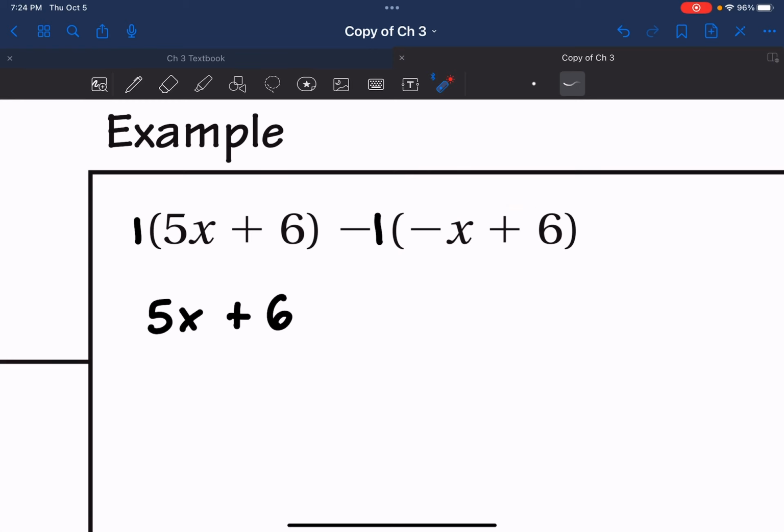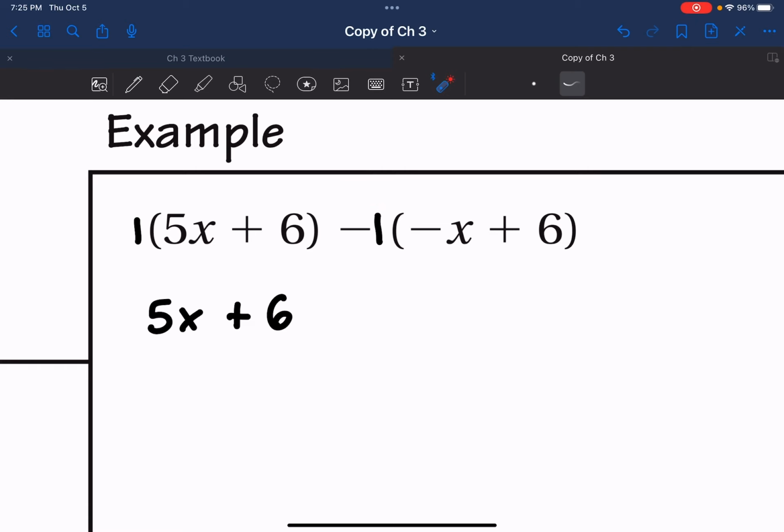For example, this is negative x, so it's going to turn this into a positive x because two negatives in multiplication make a positive. And this is positive 6. It's going to turn that positive 6 into negative 6 because in multiplication, one negative makes everything negative. So let's go ahead and distribute. Here's what I want you to write.